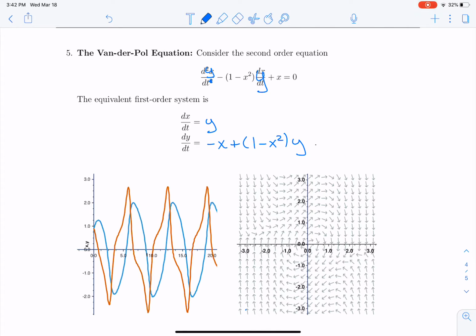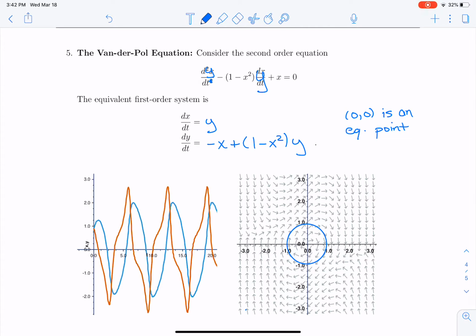So what I'm going to do is first notice that (0, 0) is an equilibrium point, and so I cannot include (0, 0) in that region. So I'm going to draw a circle of radius 1, and I'm going to say that my region is going to lie outside of that circle of radius 1.